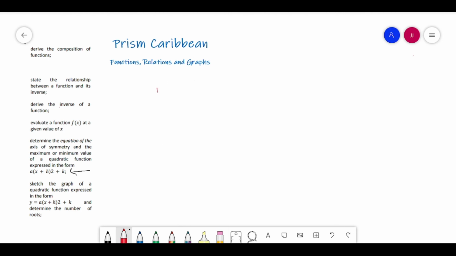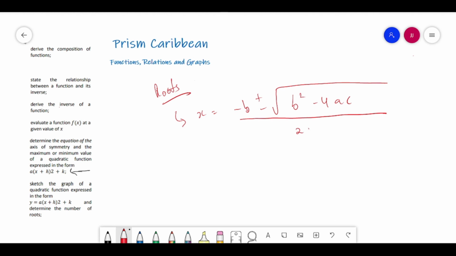So, roots. So let's say we're given x is equal, so this is basically the formula. x is equal to minus b plus or minus the square root of b squared minus 4ac all over 2a. And that's it, right?